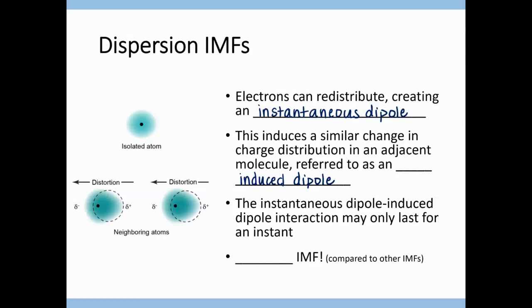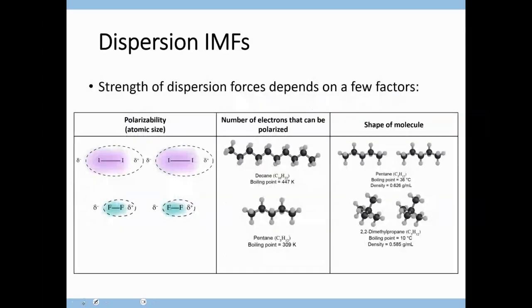And because of that, this is generally the weakest intermolecular force compared to the other intermolecular forces. So although this is a weak intermolecular force, there are features of certain nonpolar molecules that can make dispersion forces stronger for certain molecules compared to others.